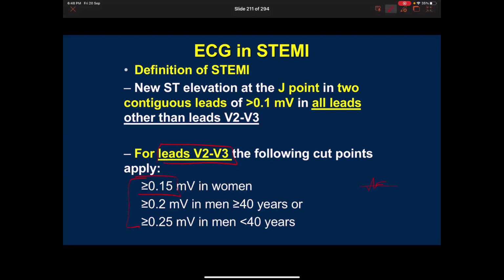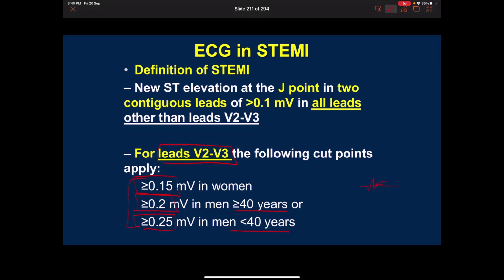In women, it has to be 0.15, it has to be 0.2 in men 40 or older, it has to be 0.25 in men less than 40. This is not that important, to be honest, because you're not going to count tiny squares in the exam. You just have to recognize if it's a STEMI or not.